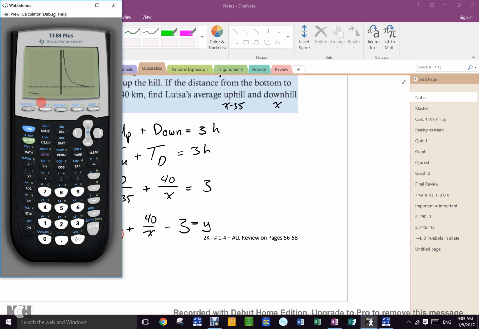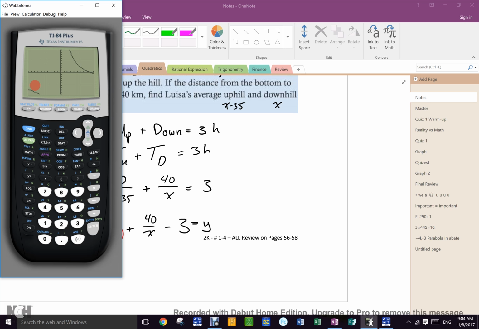Fantastic. What did that give me? Look at what it drew. I'm going to zoom out to show you what it drew. It drew this weird double curve thing, didn't it? Do we care about this negative part of it? I haven't taught you anything about this kind of curve. Do we care about this negative part of it?